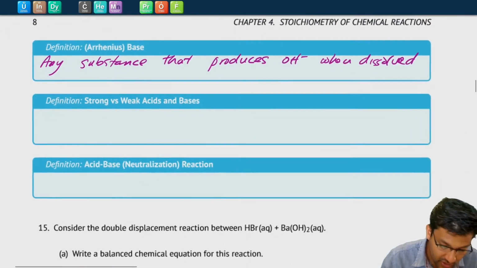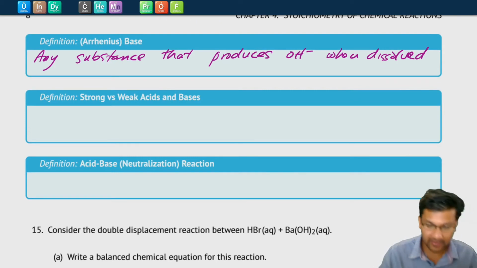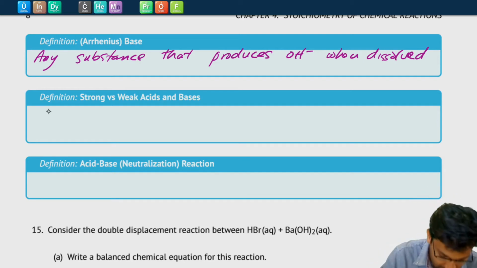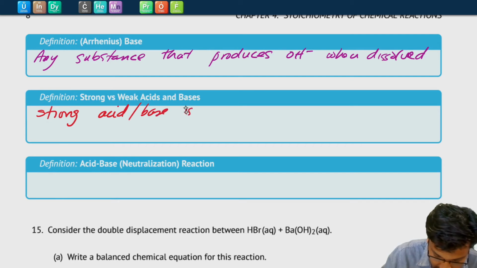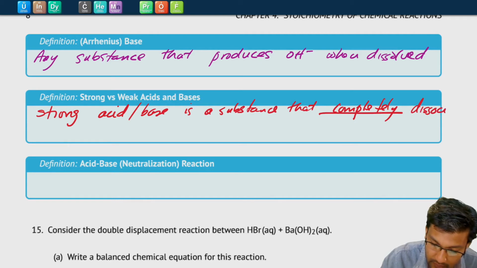Now let's look at strong and weak acids and bases. A strong acid is something that when you dissolve it in solution, it completely dissolves and breaks apart. So a strong acid or base is a substance that completely dissociates.